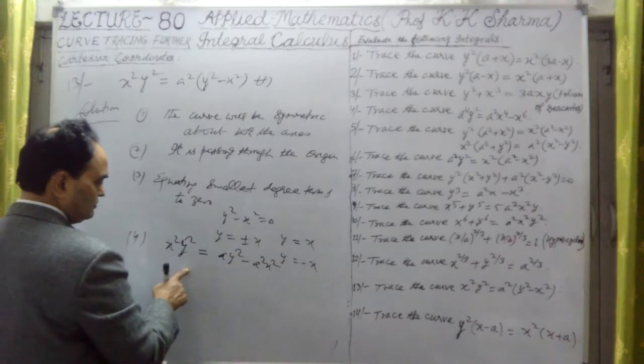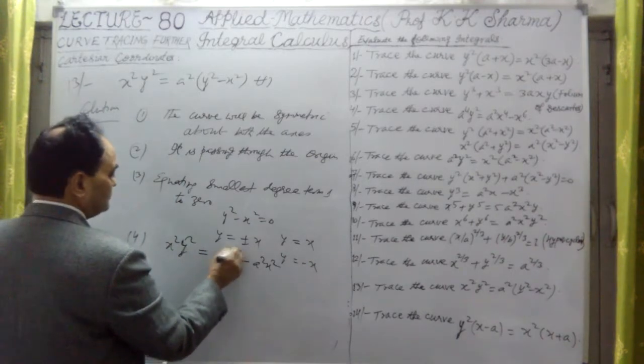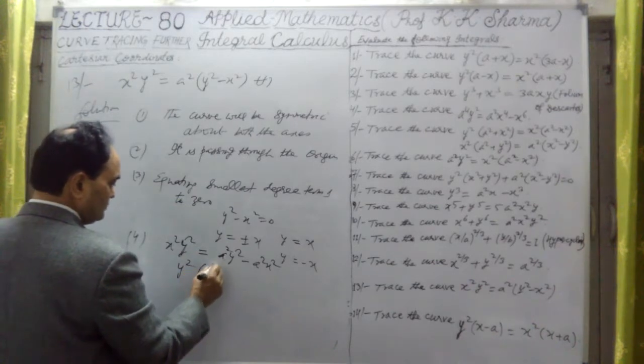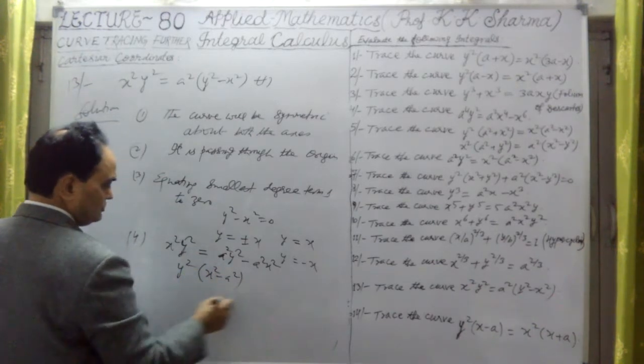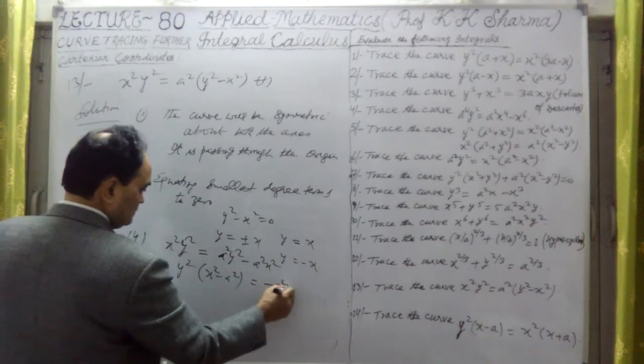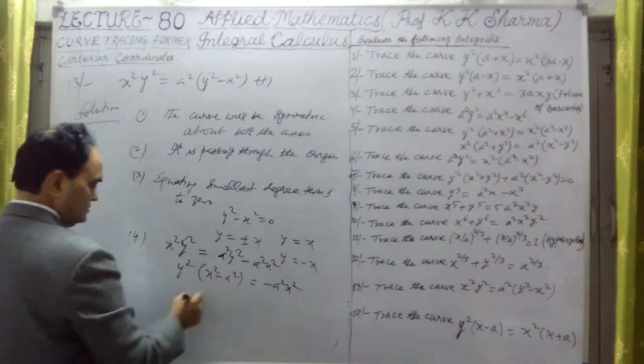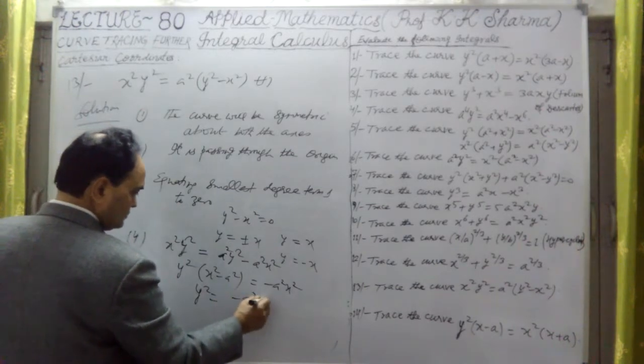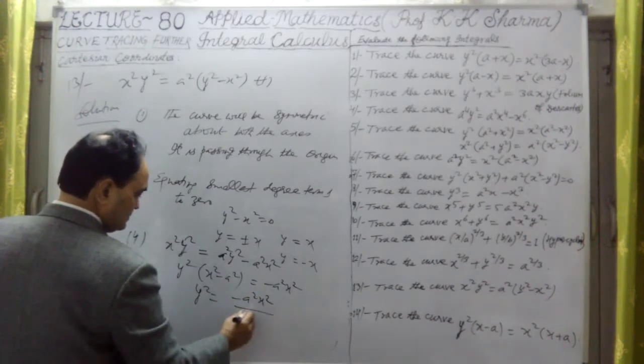If I take y square common, it gives x square minus a square equal to minus a square into x square. That means y square is equal to minus a square into x square divided by x square minus a square.